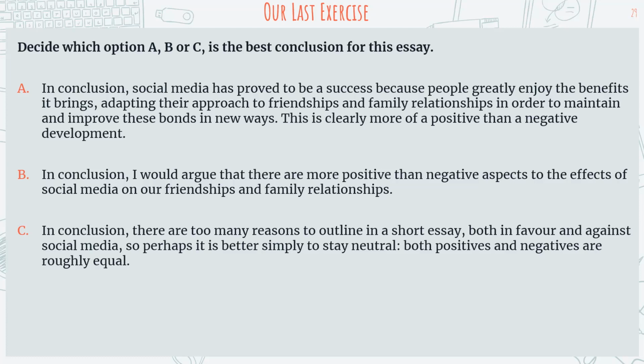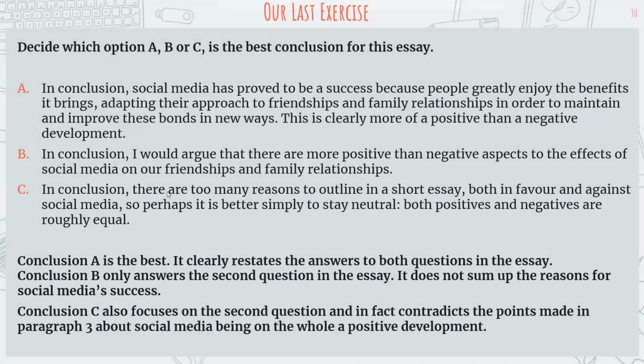Okay. Now, let's see. Obviously, conclusion A is the best. It clearly restates the answers to both questions in the essay. Conclusion B only answered the second question in the essay. It doesn't sum up the reasons for social media success.